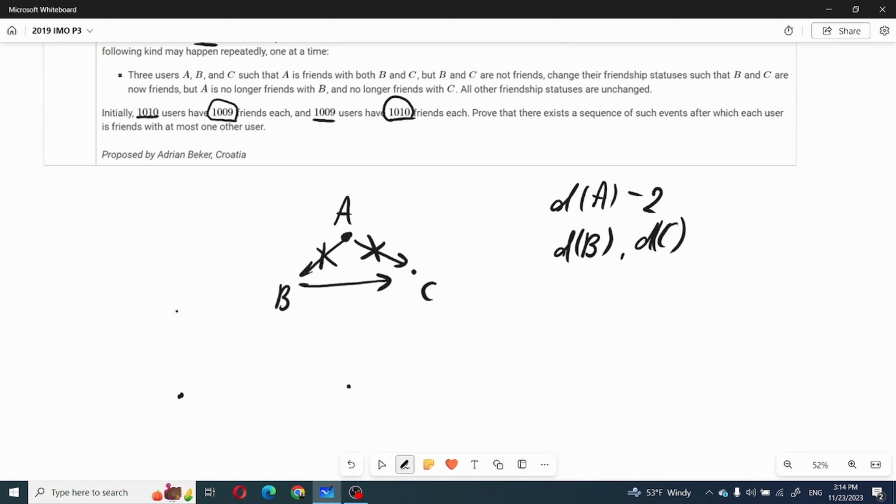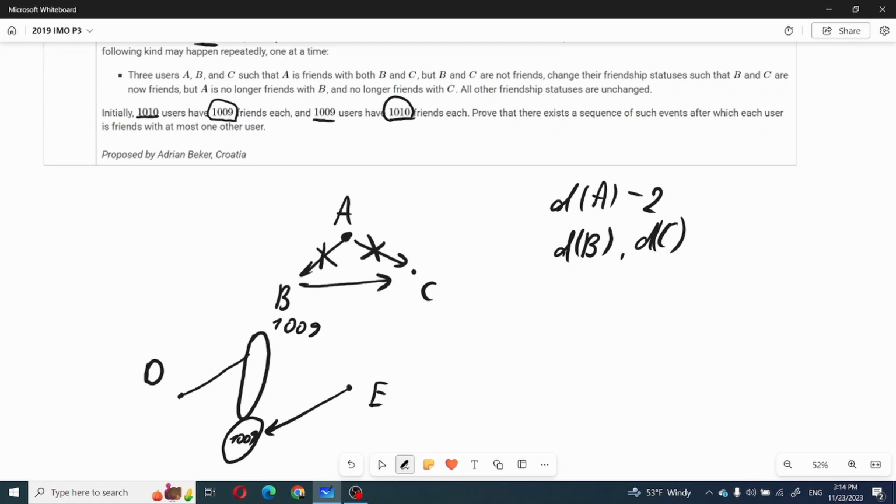Let's assume that it is not connected and take any points D and E. So we can't find a path from D to E. If D is connected to E, then we can find a path. That's clear. Now let's discuss all of the neighbors of D. D will have at least 1009 neighbors. And similarly for E, it will have 1009 neighbors.